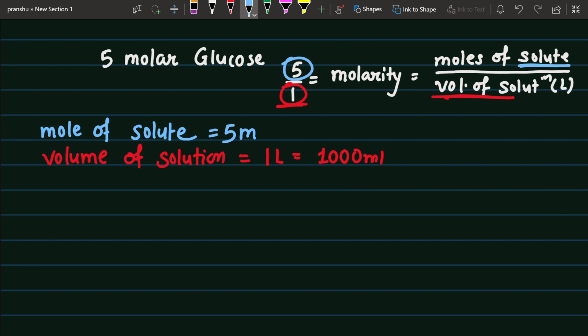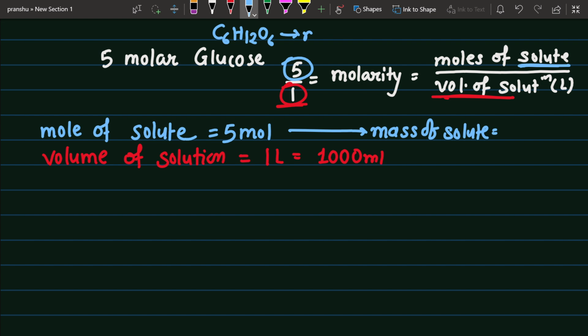And from mole we can calculate the mass of solute. Glucose C6H12O6, molecular weight: 12 into 6 is 72, 1 into 12 is 12, and 16 into 6 is 96, becomes 180.